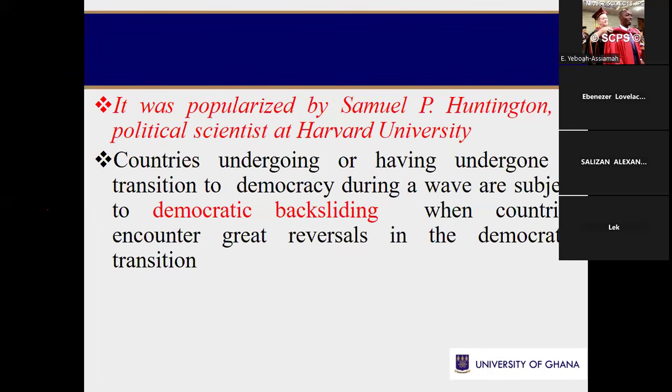The more common one is where the democracy is reducing in quality gradually. It's just like the person is still in the vineyard, but some of their actions change. The sister or the brother still comes to church, but because of one or two actions, you can say the brother or the sister is backsliding.